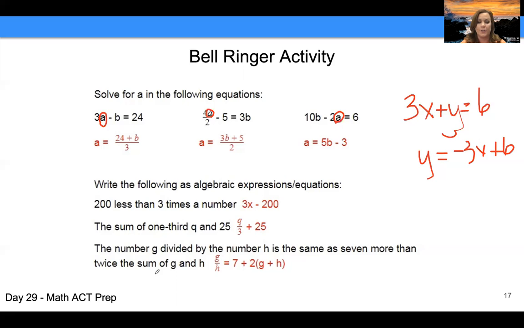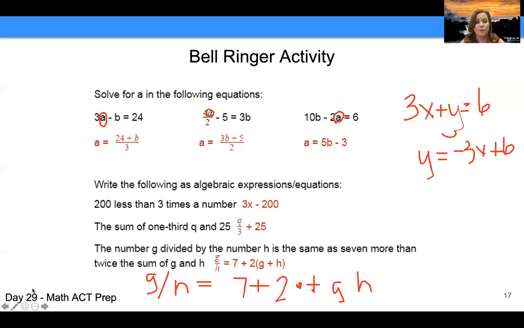I'm going to show you what I do. So it's G divided by H is the same as, that always means equals, 7 more, I know that's going to be plus 7, I've done that, than 2 times the sum of G and H.